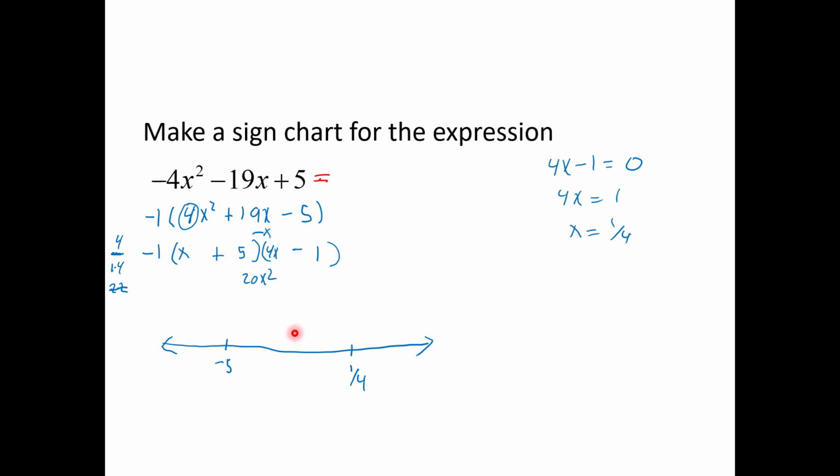Because it's a continuous function, as we went over earlier, if somewhere over here it was positive and somewhere over here it was negative, then somewhere in the middle it would have to be 0. But we've already figured out that the only zeros are at -5 and 1/4. So in this interval, it either has to always be positive or always be negative. Same thing with this last interval over here.